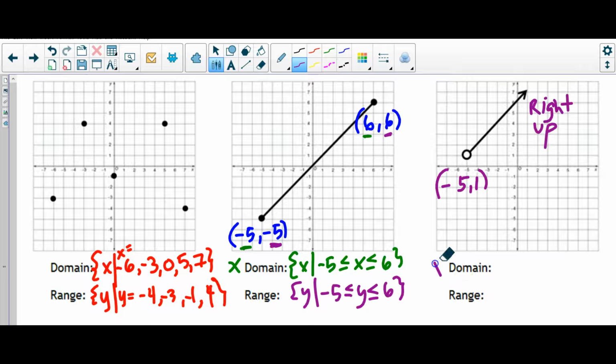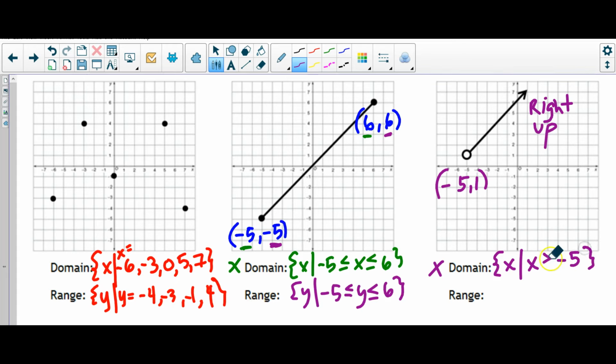Okay, so domain is our x values. I can see my x values continuing all the way to the right, but not all the way to the left. They start at -5 and go to the right. Anything to the right, our values are increasing, they're getting bigger. So x is going to be greater than -5.